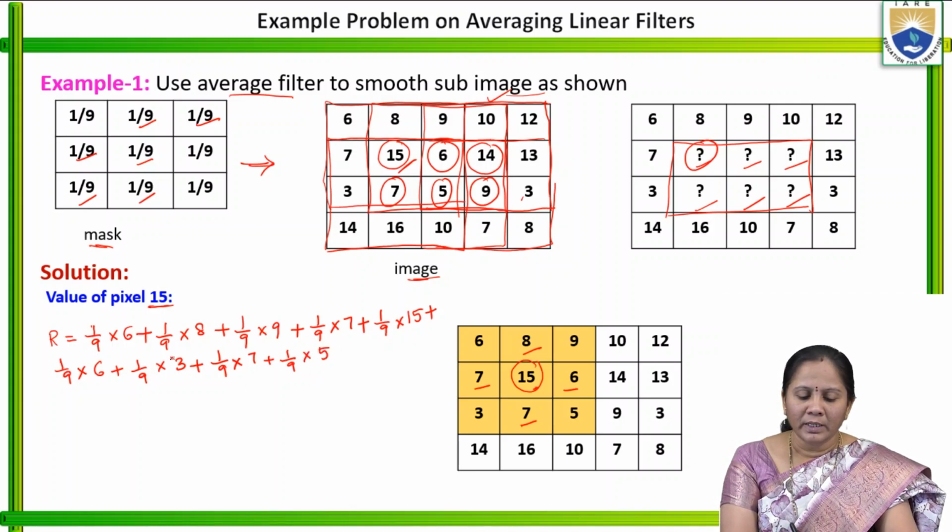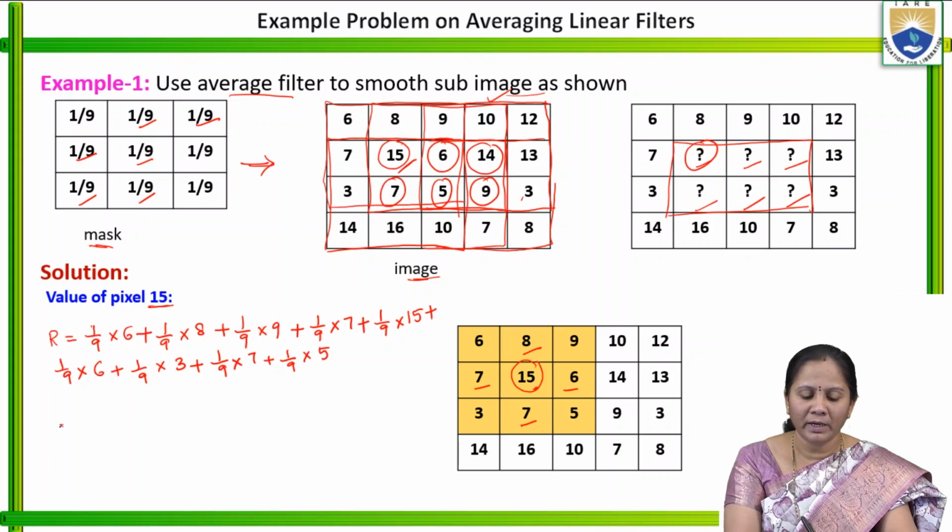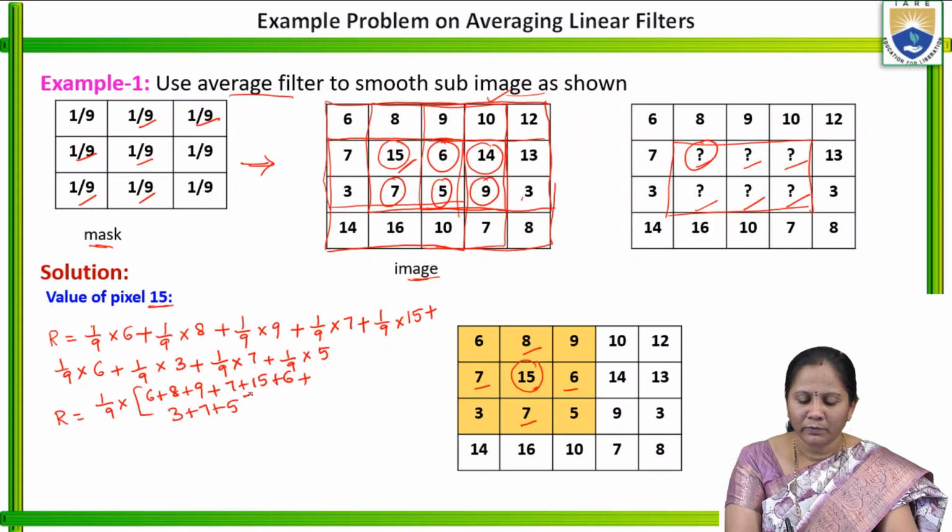Instead of writing 1 by 9 every time, as the values here have the same weights, we can take 1 by 9 common and directly write this as 1 by 9 into the sum of all these neighborhood pixels: 6 plus 8 plus 9 plus 7 plus 15 plus 6 plus 3 plus 7 plus 5.